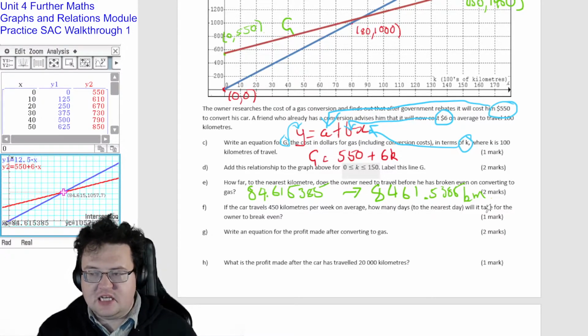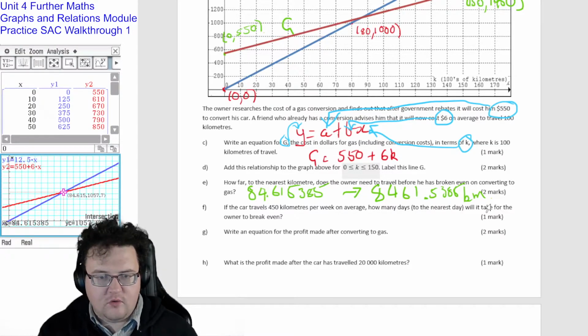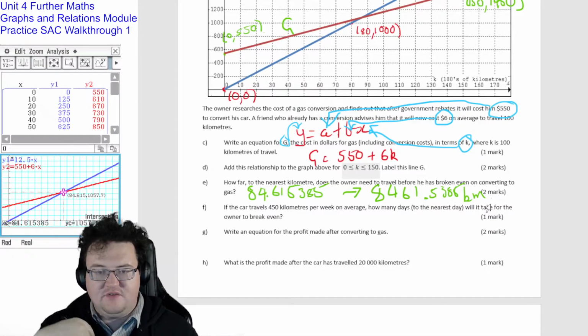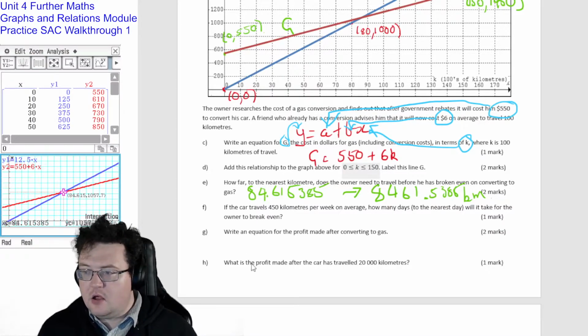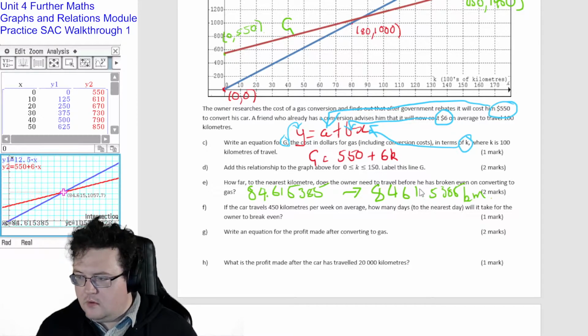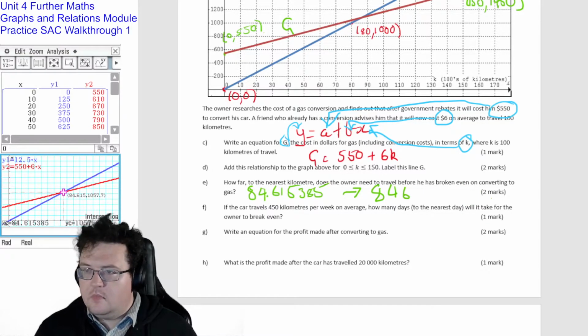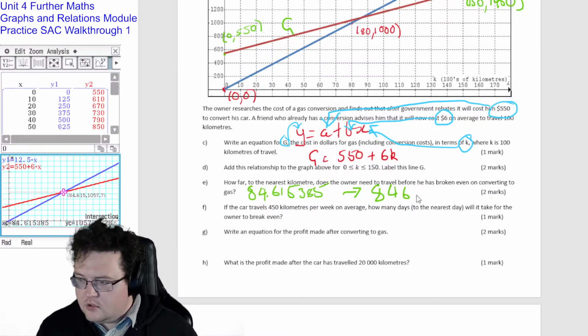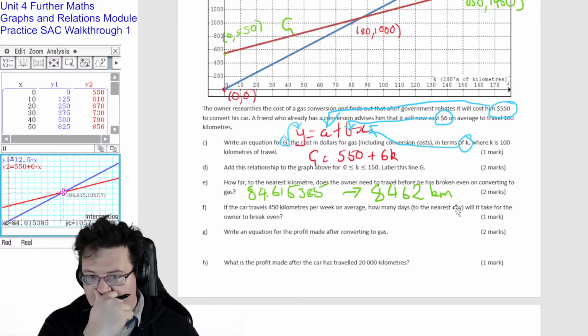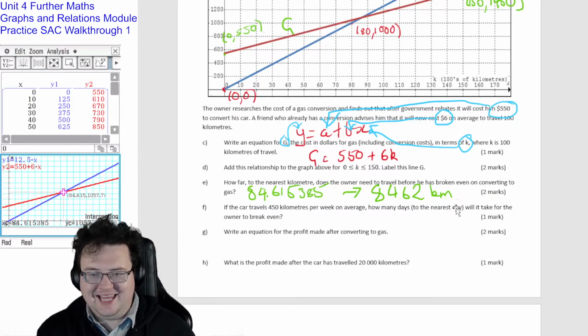Now, because the decimal is 0.5 or above, we're going to round up to the nearest kilometer. So that is going to therefore be 8,462 kilometers.